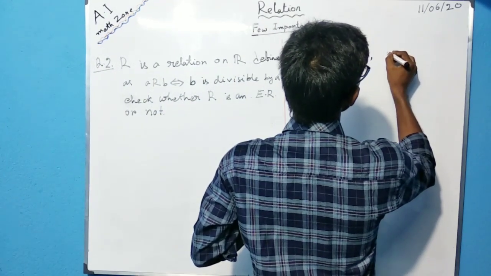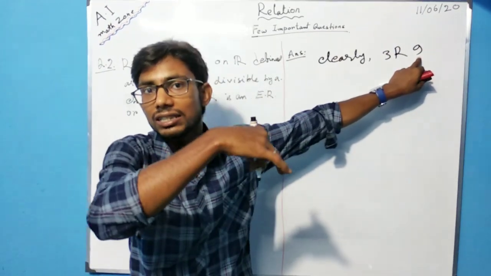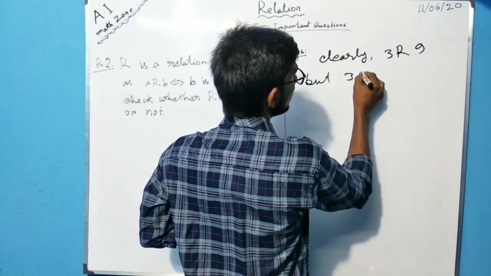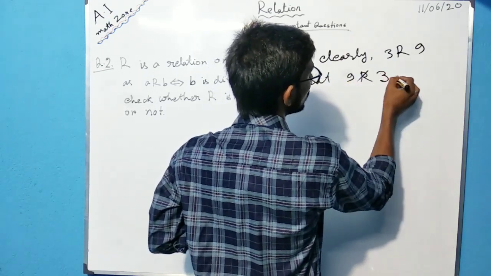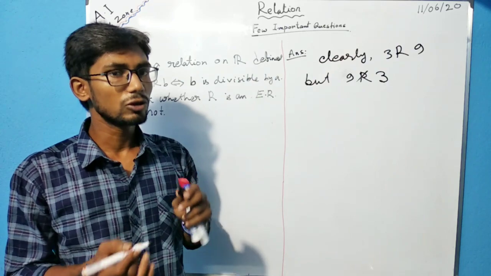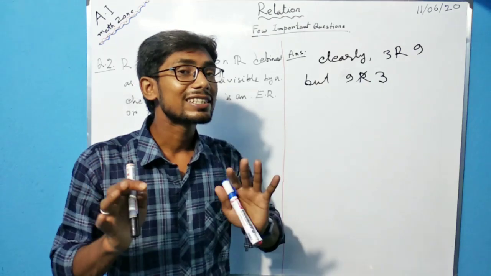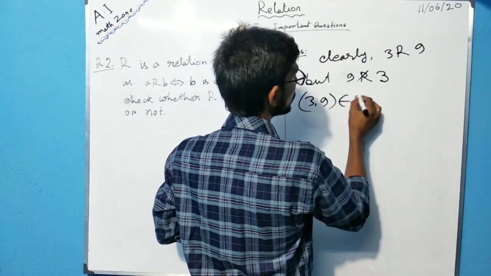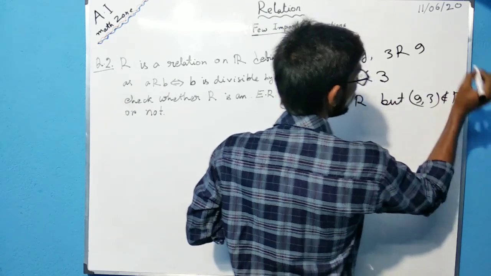Clearly 3 is related to 9 क्योंकि second element 9 is divisible by 3 but 9 is not related to 3 क्यों? क्योंकि देखो रिलेटेड होने के लिए सेकेंड एलिमेंट को डिविजिबल होना पड़ता है सो यहाँ पर 3 इज नॉट डिविजिबल बाय 9 राइट दैट्स व्हाई 9 इज नॉट रिलेटेड टू 3 मतलब (3, 9) belongs to R but (9, 3) does not belong to R.